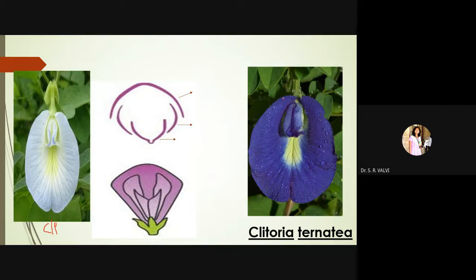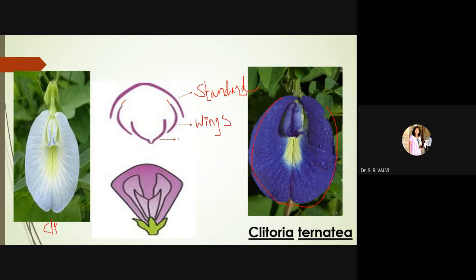So this is the larger petal, and this larger petal is called the standard petal, right? Then the next two, this one and this one, are the wings. These two are called the wings.